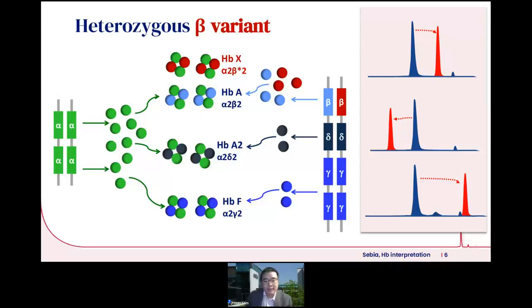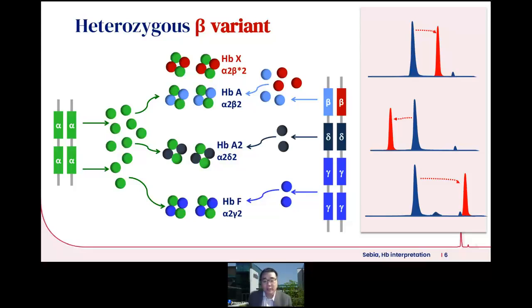So what happens when one of the beta chains is mutated? Remember that you only have 2 copies of the beta gene. So with that mutation, you will divide your hemoglobin A into 2 peaks in the capillary electrophoretic profile.